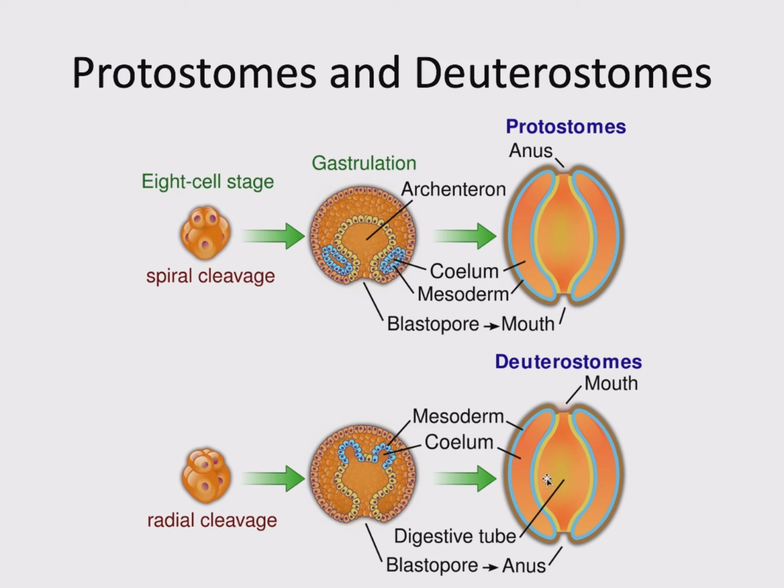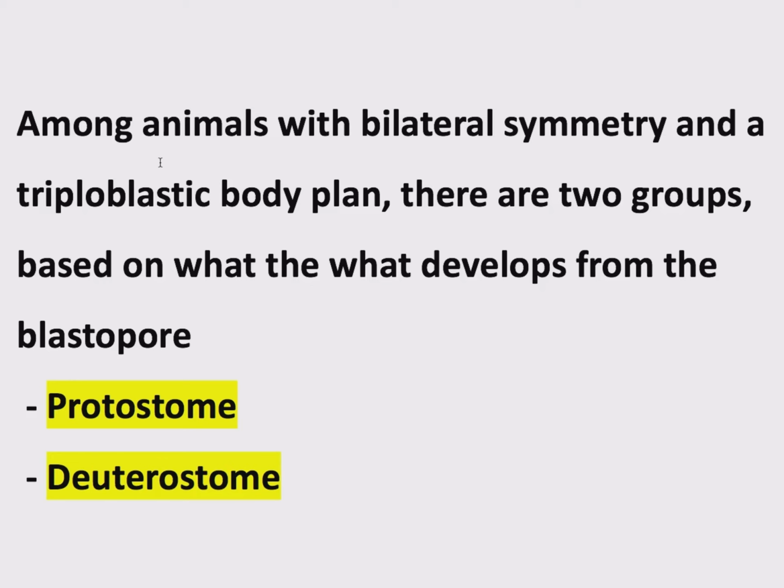Again, seems like such a small distinction, but it's going to result in two clades because this way of doing things is going to be passed on to descendants, and it's a key way to identify two major clades, two major groups within animals. So here's my summary of that.